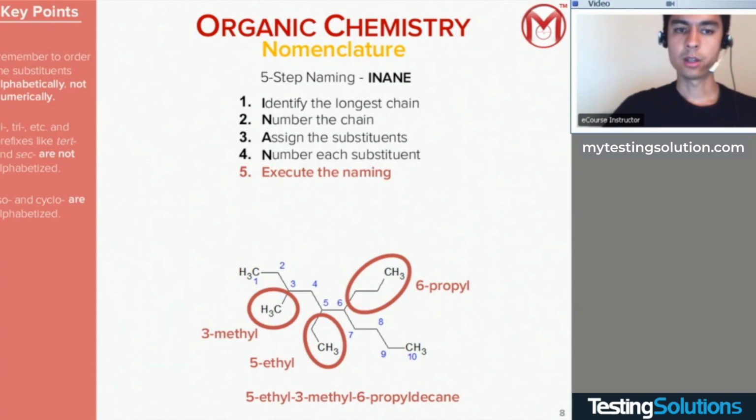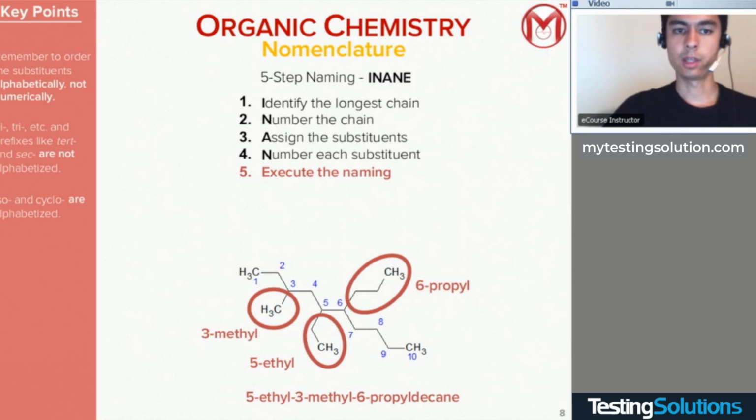It's not too big of a deal for your purposes because they're really not going to be testing you explicitly on the naming rules. So, if you, let's say, forgot that, you would still not end up with the incorrect answer because you'll still be able to recognize that the correct answer is the only one that has 5-ethyl, 3-methyl, and 6-propyl decane in whatever combination.